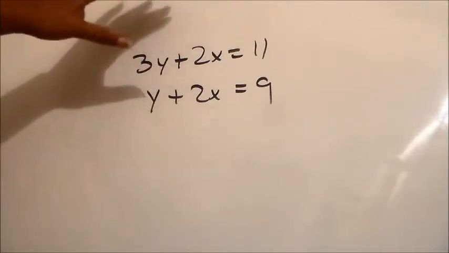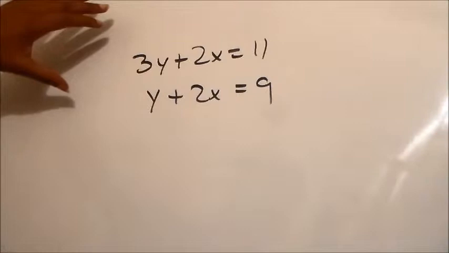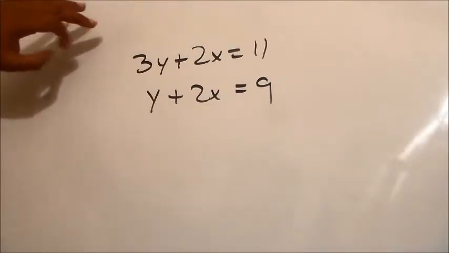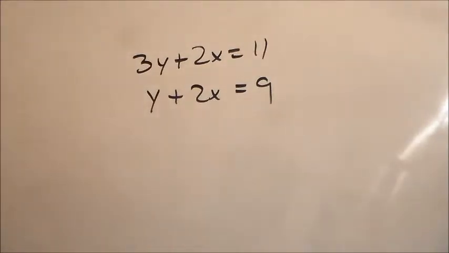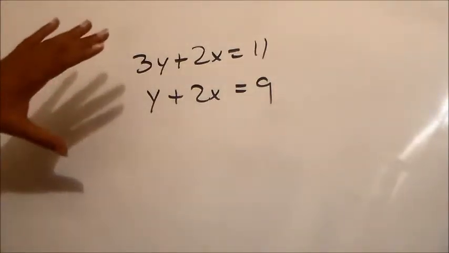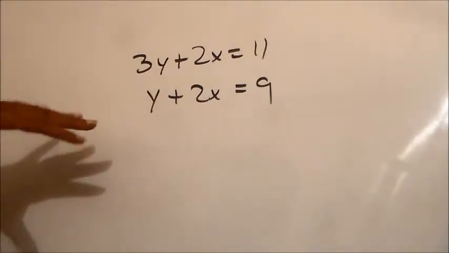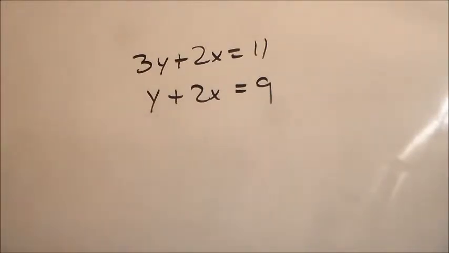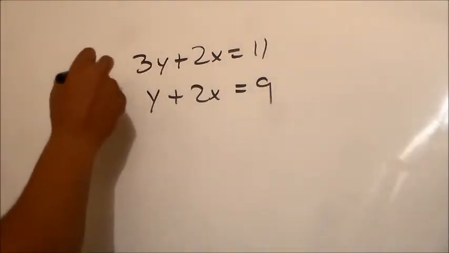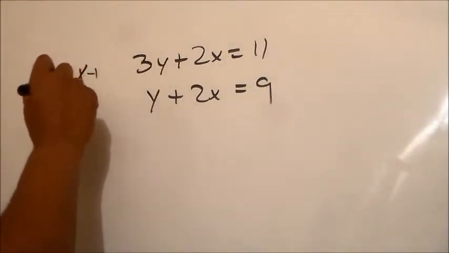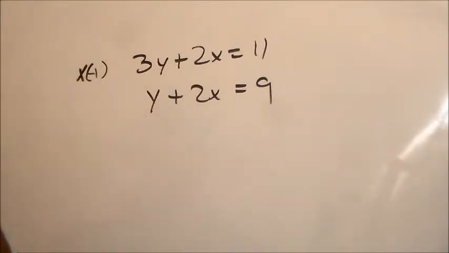Now I want to use elimination, which is kind of like when we isolate a variable when we are substituting. So they go hand in hand to me a little bit, but as long as you come up with the right answer, that is the main thing. What I would do is multiply the top equation by negative 1, so in parentheses I'll put negative 1.